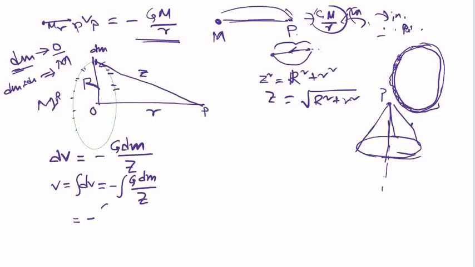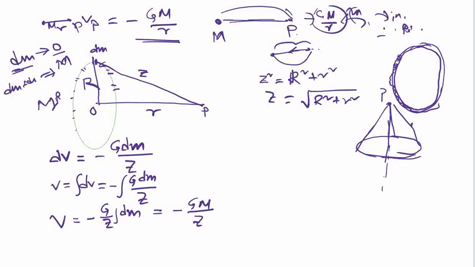So I can take out G by z, and the integration of dm gives M. So V equals the integration of dV, equals the integration of dm times minus G by z, which is nothing but minus GM by z.